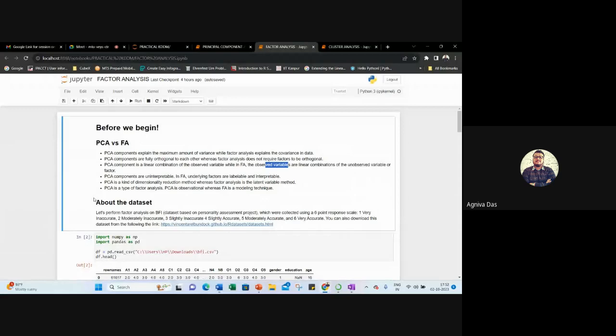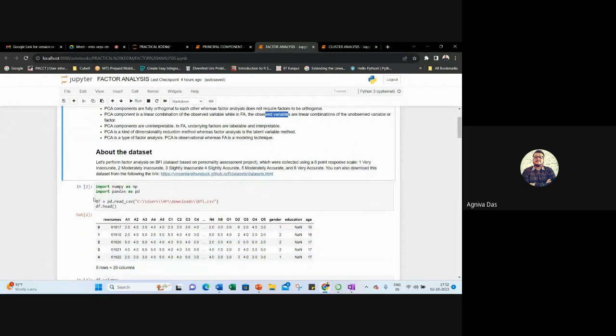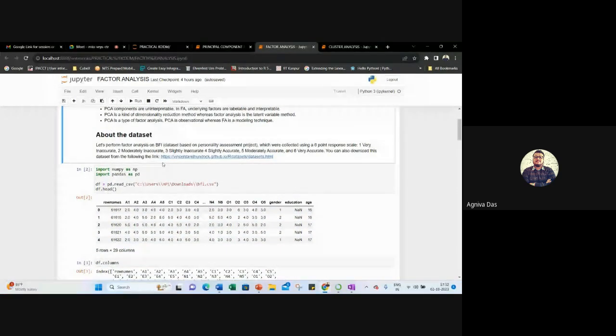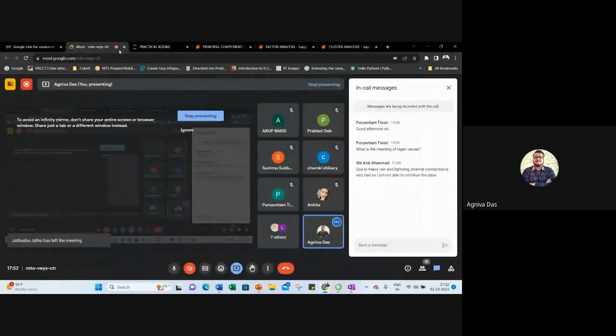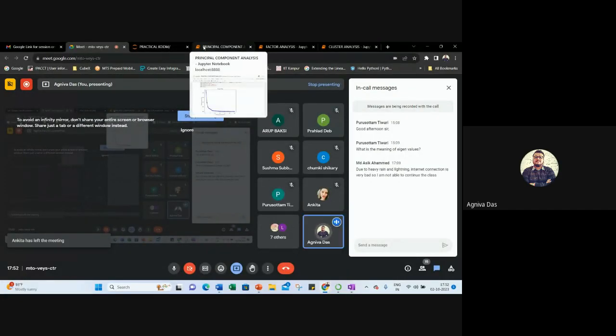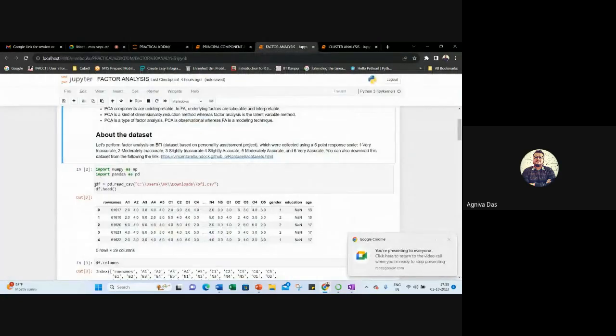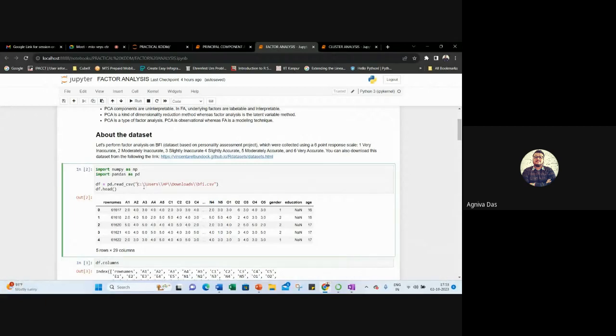Now let us talk about the data set. Here, I think we have already been supplied the data set called BFI.csv. Has everybody gotten the data set? Yes, sir, we have received. So you can simply call it in here. First, you have to import NumPy and pandas, and after that, you will do pd.read_csv.